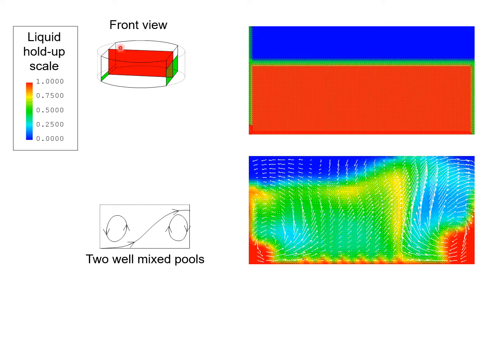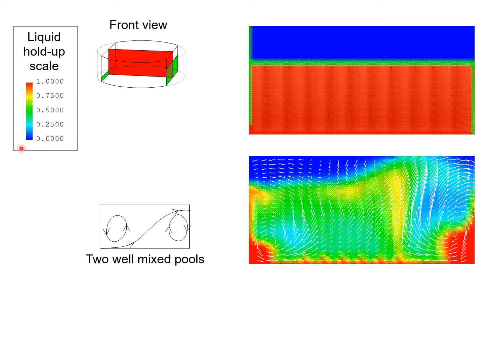We focus now on this rectangle colored red. Just to recap, this is the inlet weir, this is the outlet weir, and liquid flow is across the tray from left to right, and airflow is upwards.